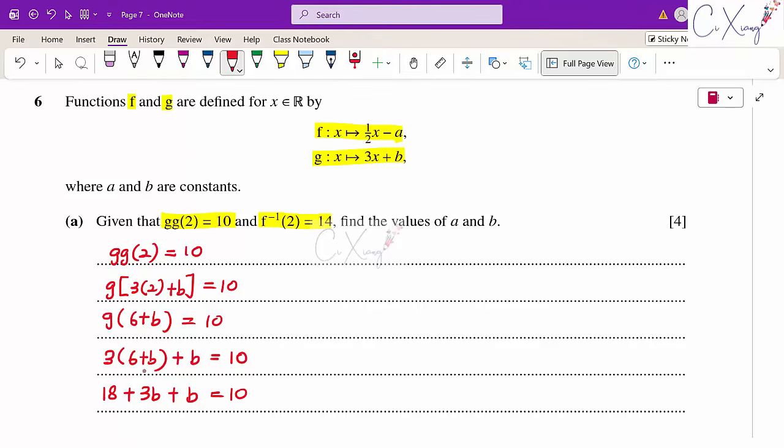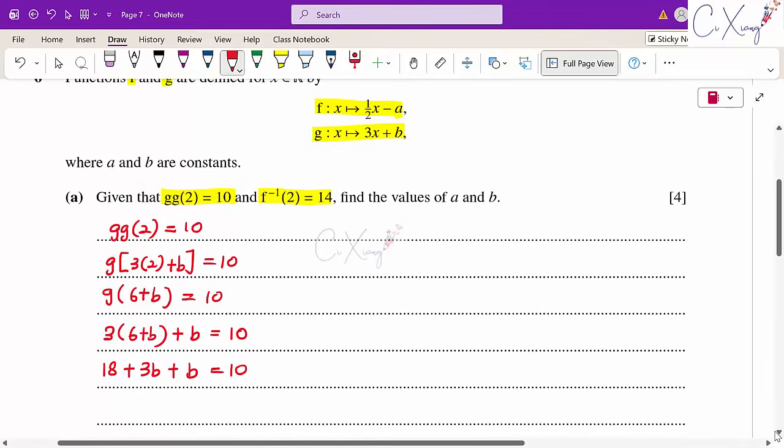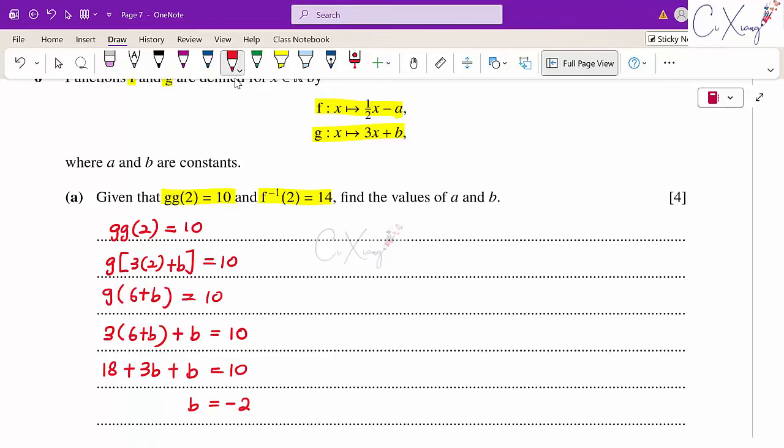Okay, so simplify this equation, you will be having 4b equals to negative 8. So negative 8 divided by 4, and you should be getting b equals negative 2 after you simplify the equation.